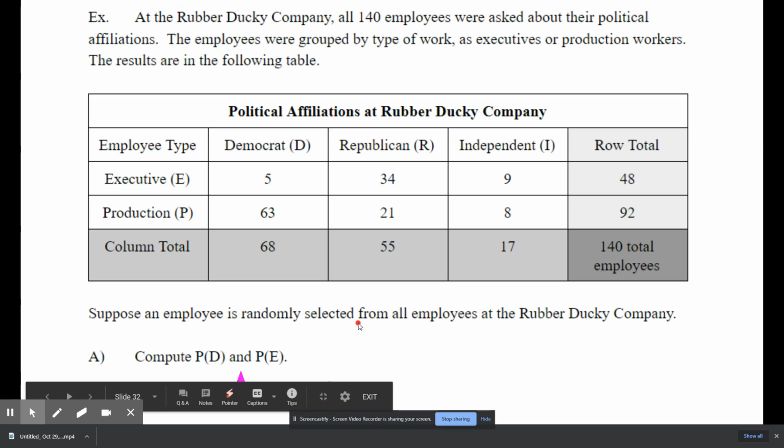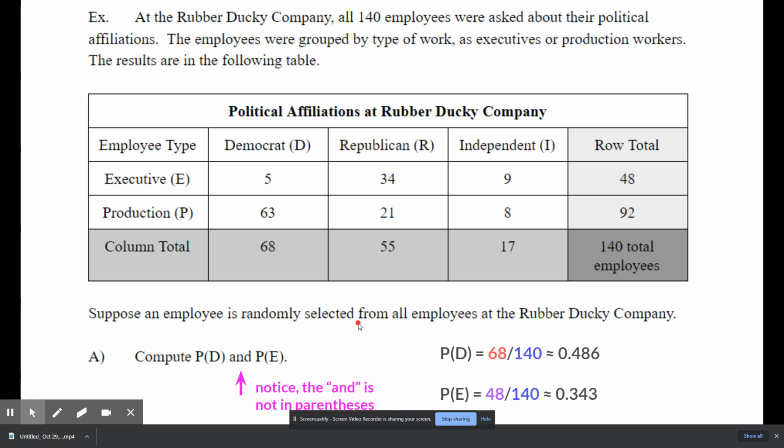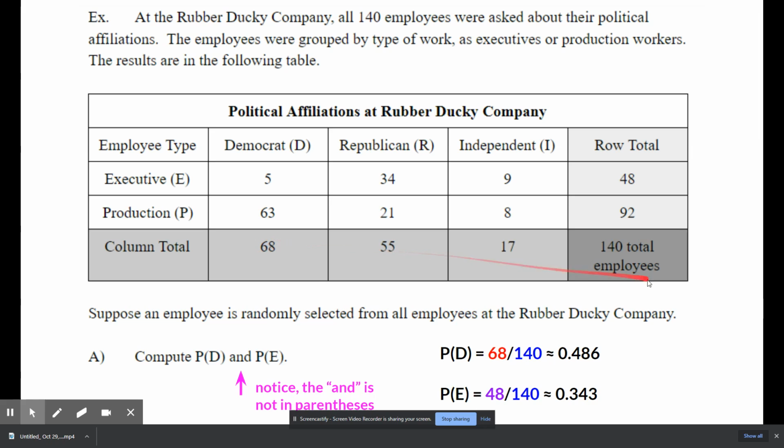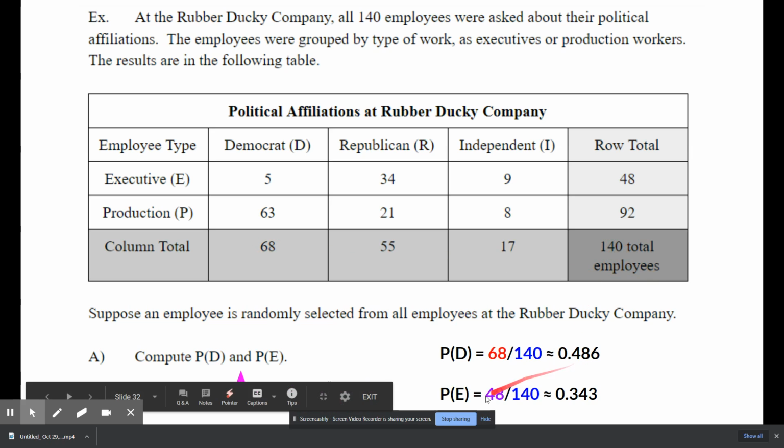So for and, notice the and is not in parentheses, so we're not going to multiply them. This one's just asking us for two separate probabilities. Probability of a Democrat is 68 out of 140, so there's that.